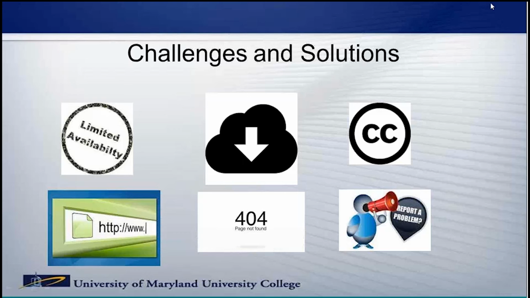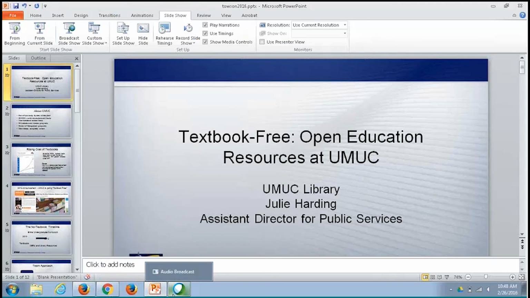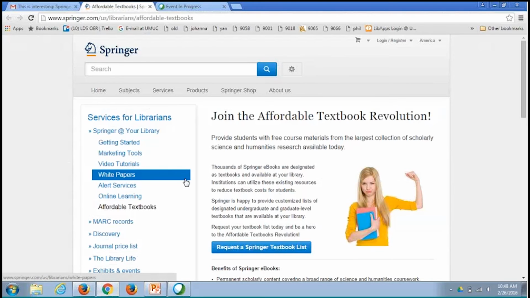And then there's one other thing that I wanted to show. This just came yesterday, and look who's trying to join the affordable textbook revolution: the publishers. I imagine that this will also be a trend.